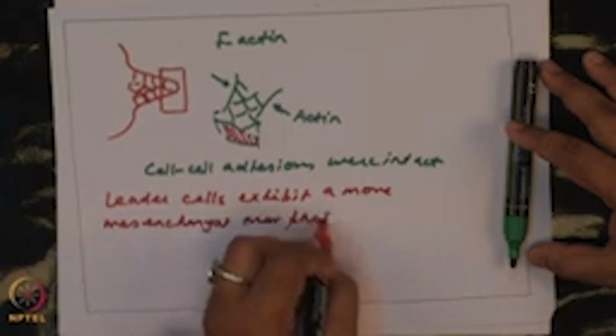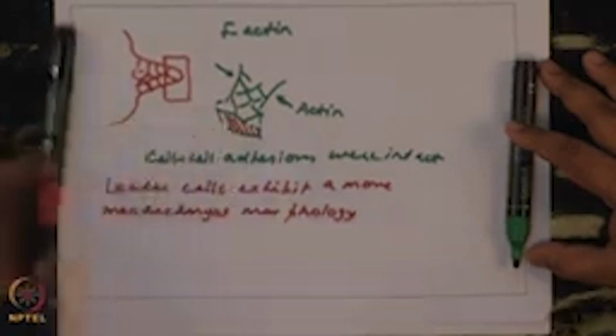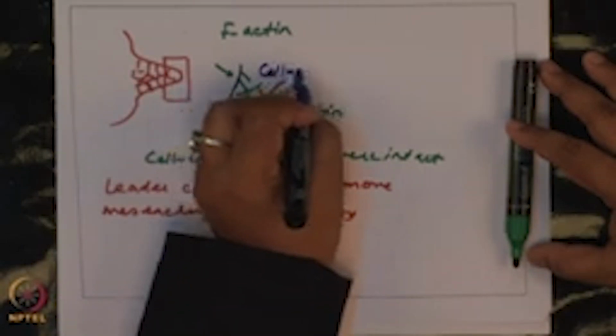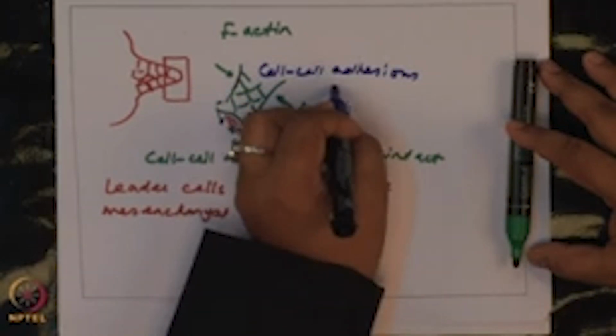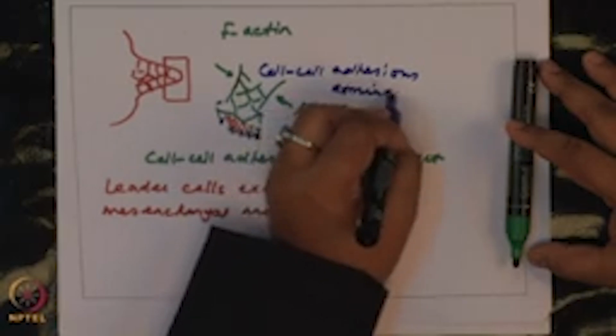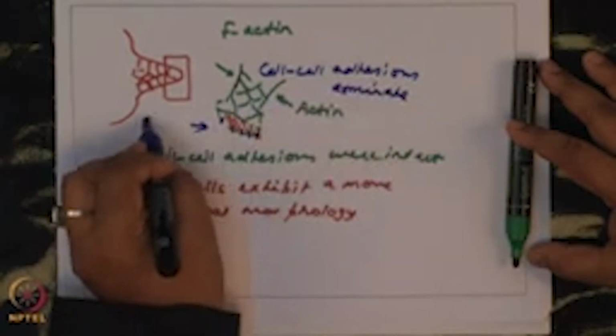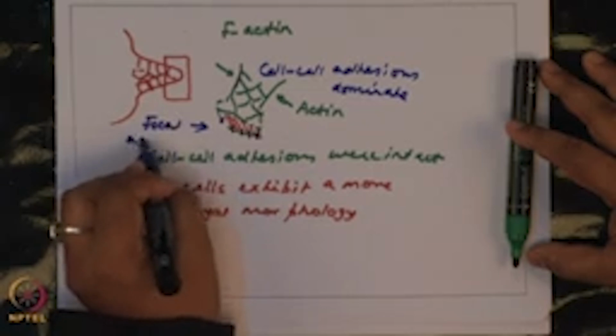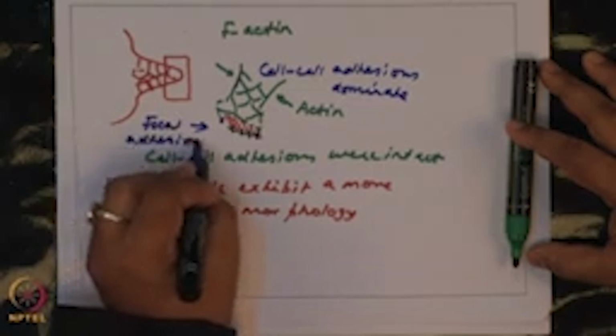So, in contrast to cells being attached to each other, this guy actually forms a lot more focal adhesions with the substrate. In these cases, you had cell adhesions dominate, but at the periphery you had focal adhesions dominate.